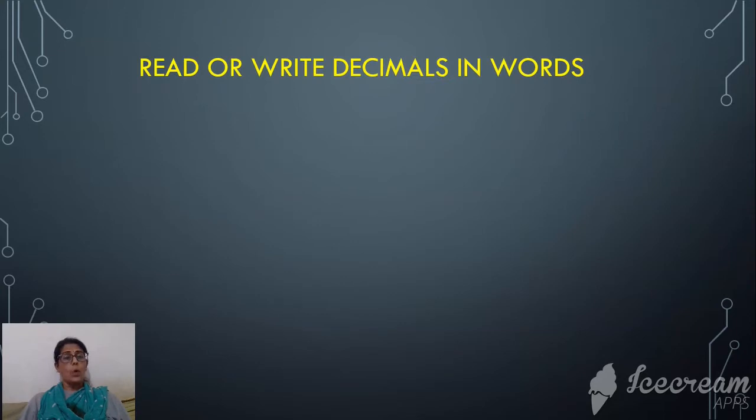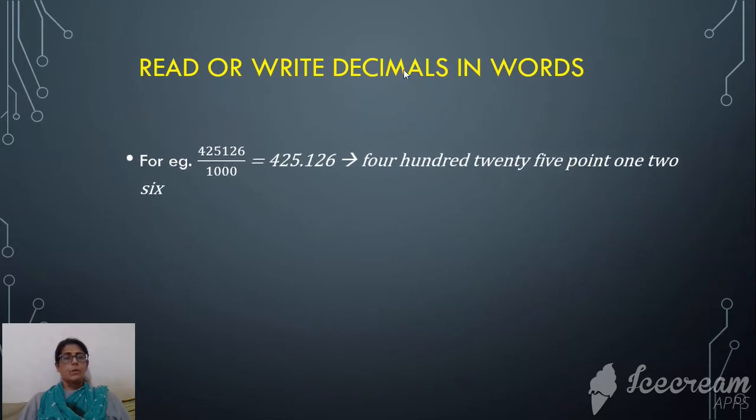Okay, now how to read and write the decimal in words. The first example I have written here: 425126 upon 1000.